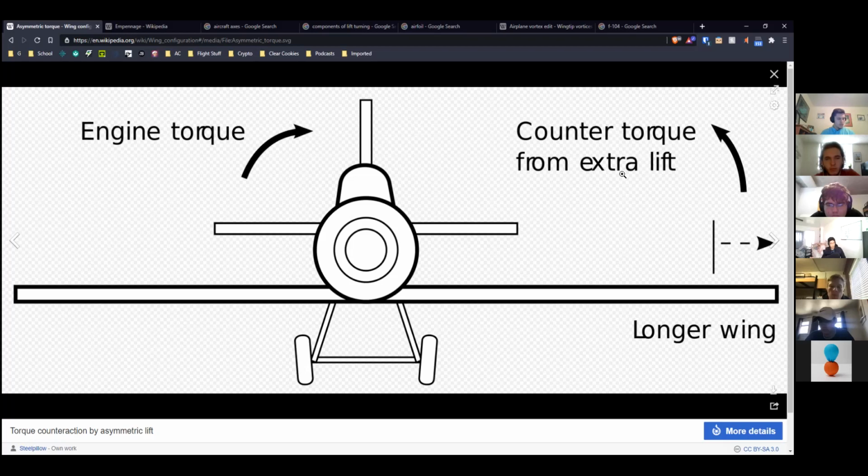So all the surfaces contribute to a torque against the engine that keeps you level. Whenever the motor is spinning, the tail and wing are creating counter-direction torque moments. We'll just call it a torque. And it would seem like, oh yeah, if I just add some extra lift on this side, I could balance that.